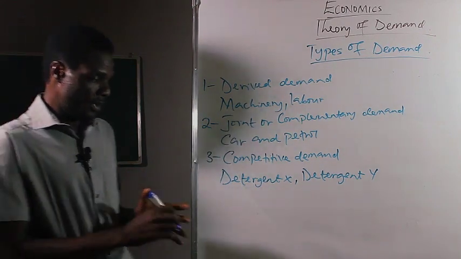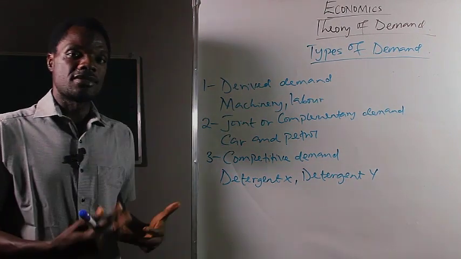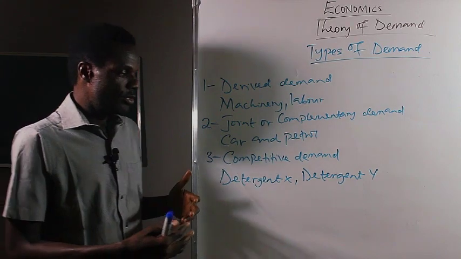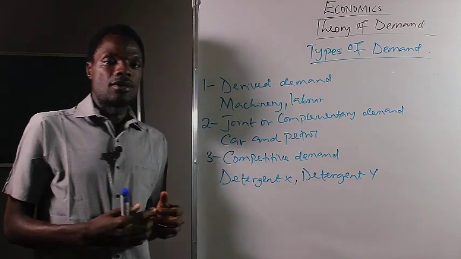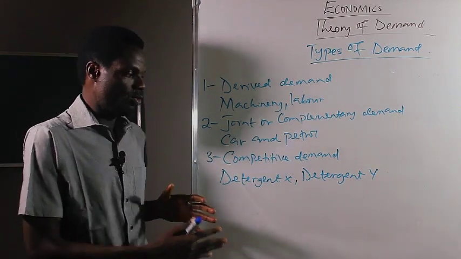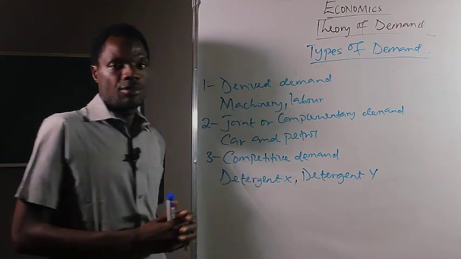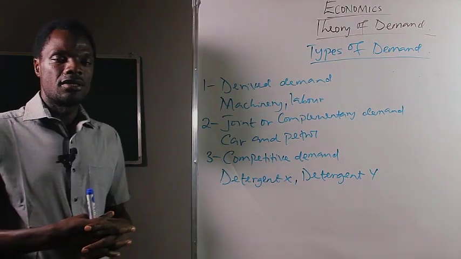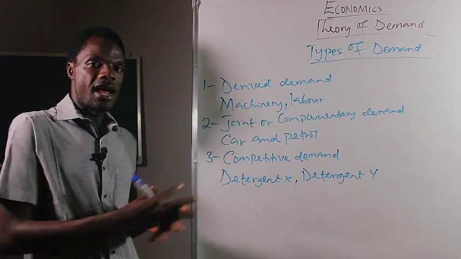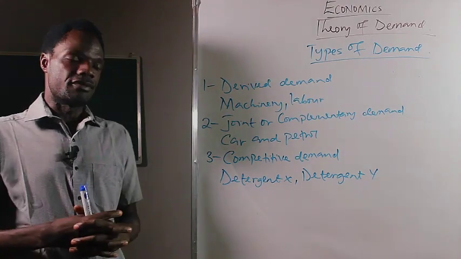Now, for example, if the price of detergent X is rising, that means the demand for detergent Y will increase, because people will now say, oh, let us buy detergent Y because they serve the same purpose. So the two goods are considered to be competitive.